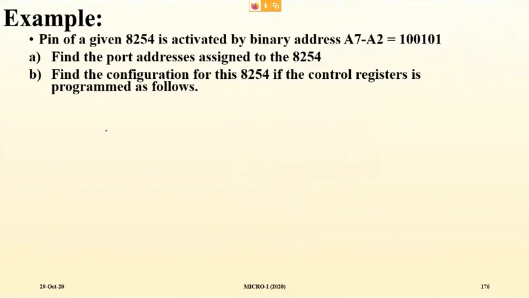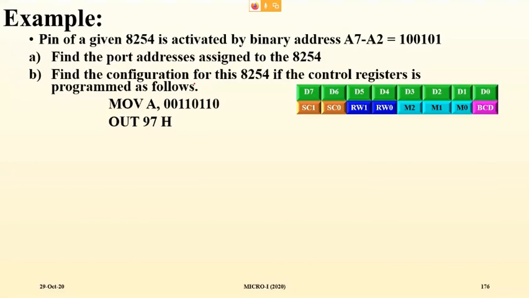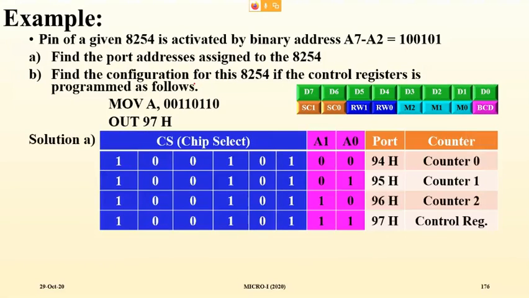Okay. Now coming to find the configuration for 8254 if the control register is programmed as follows. So now you have to find the things. Find the configuration for 8254 if the program is this one.